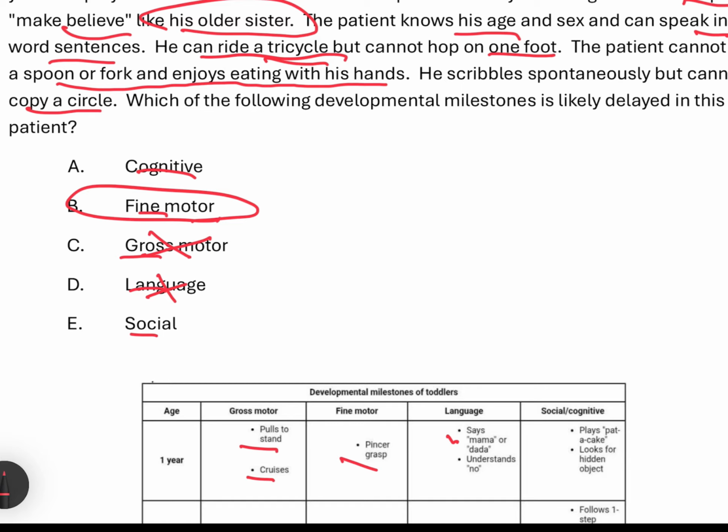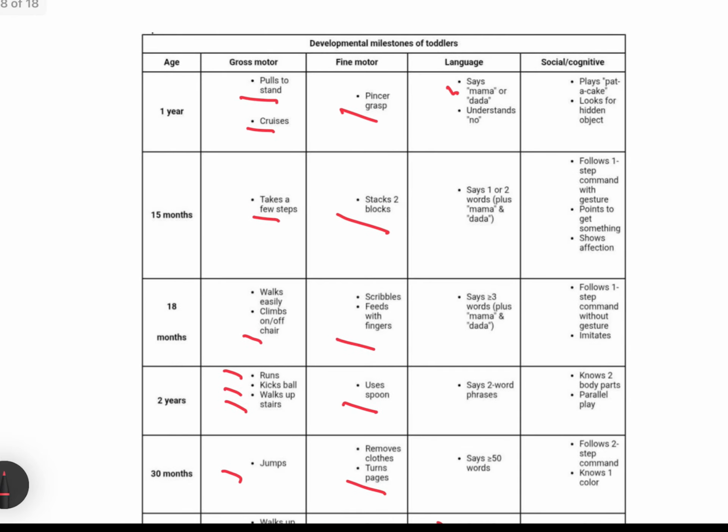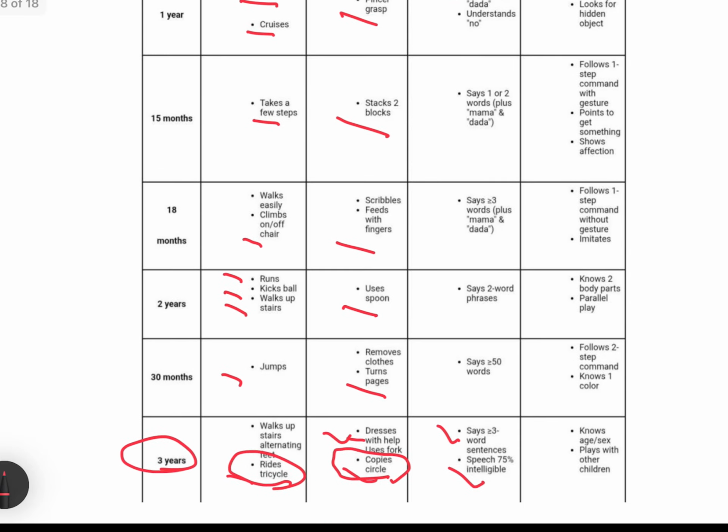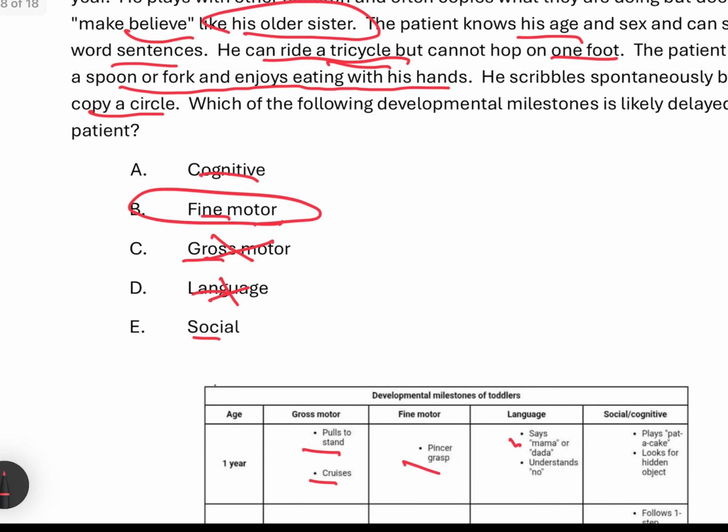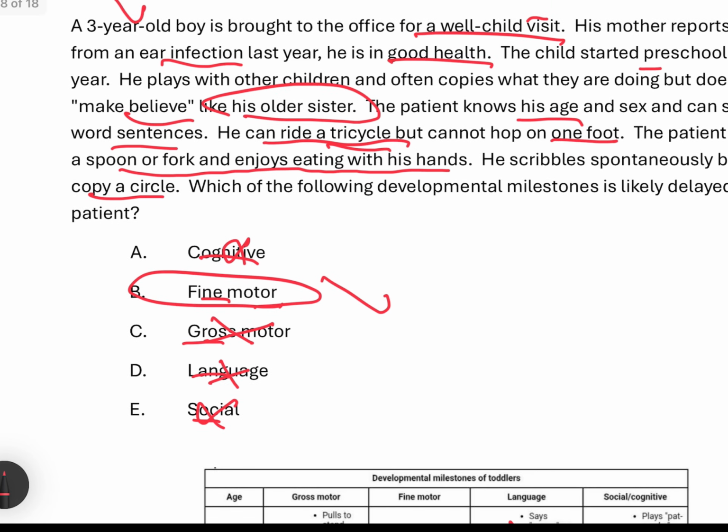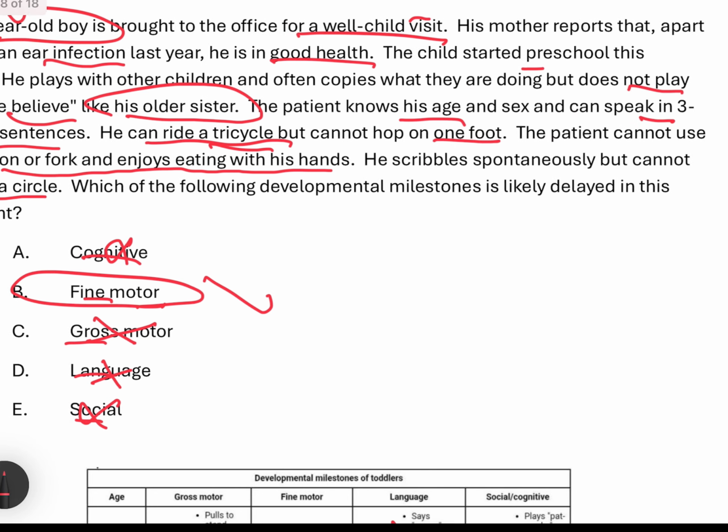All these things are included in fine motor. And for cognitive, he knows his age and plays with other children, so he is good in social activity and good in cognitive. So the answer is fine motor. At the age of 3, the baby has to eat with his hand, with a spoon and a fork, and has to copy a circle. Fine.